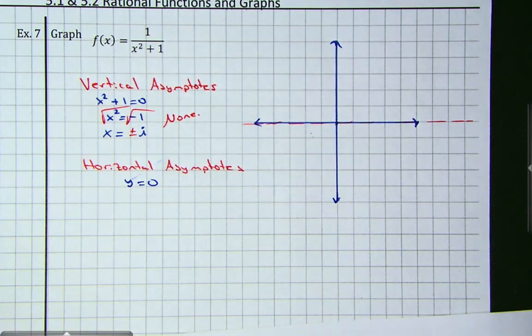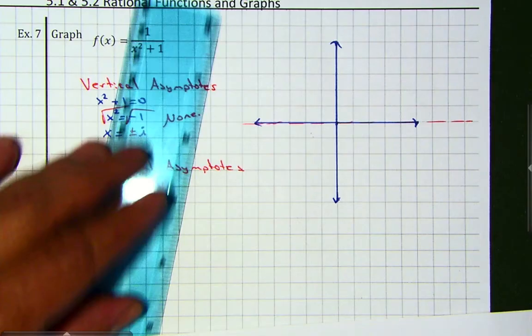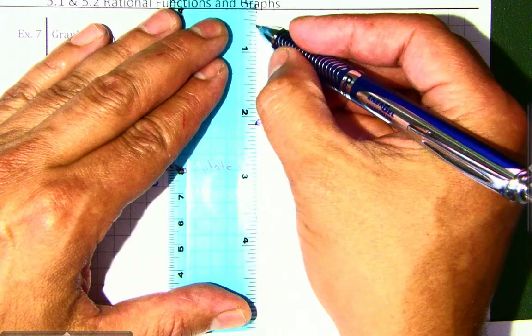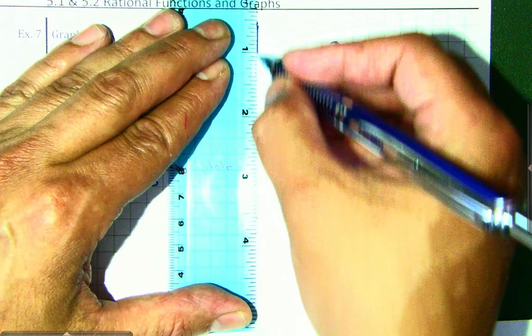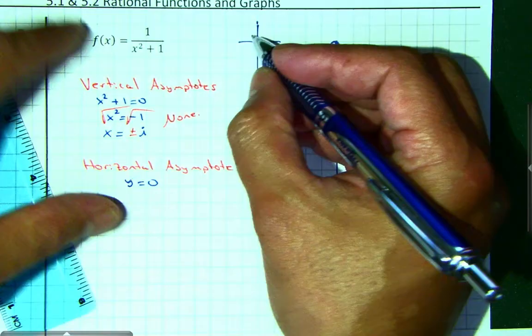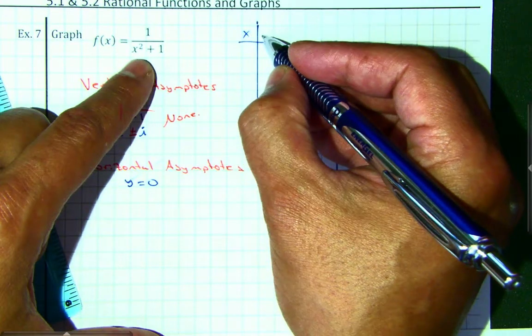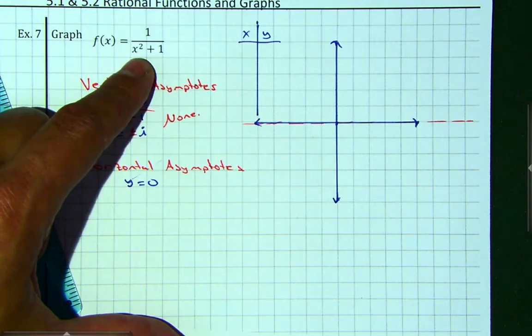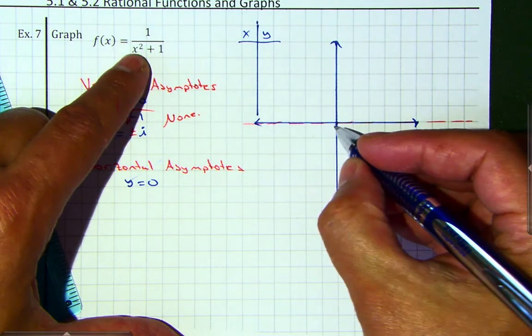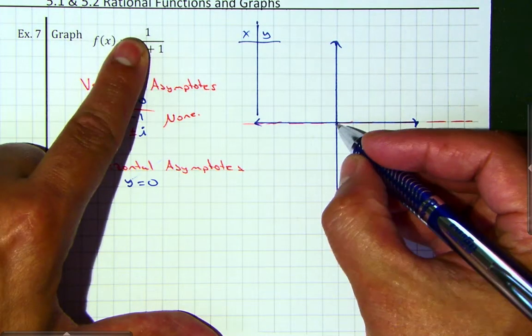So therefore, in order to graph it, we just need to make a table, plugging in values for x, that'll give me back values for y. When I plug in a 0, this becomes 0, so it gives me 1.